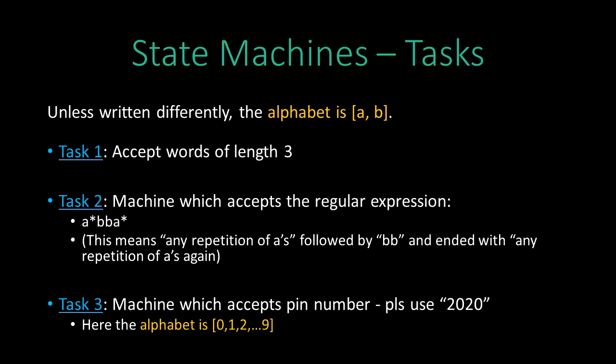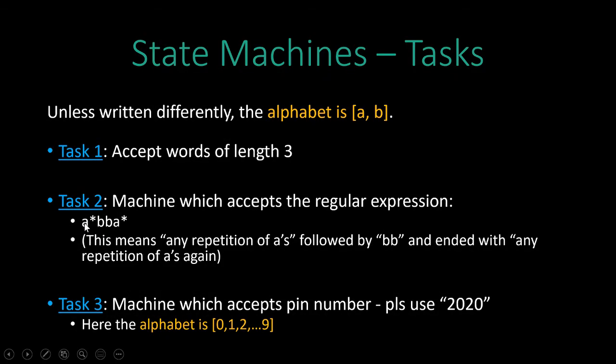Okay, good. So the task number 2 is to draw a machine which will accept the regular expression A star B B A star. What this means is that A star means any repetition of A's, followed by BB, and then followed by any repetition of A's again. Just keep in mind that A star can also mean no A's at all, but it should be relatively easy to use in the state machines, because basically we care about reading some A's, then exactly 2 B's, and then some A's again, and then we are done.